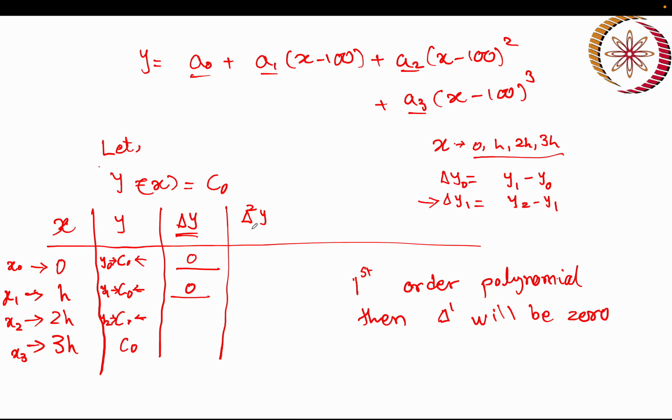Okay, and there is no point in finding the second difference, so we will now go with the polynomial which is of the first order, the polynomial with first degree.